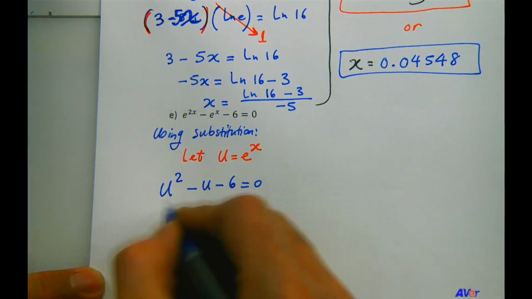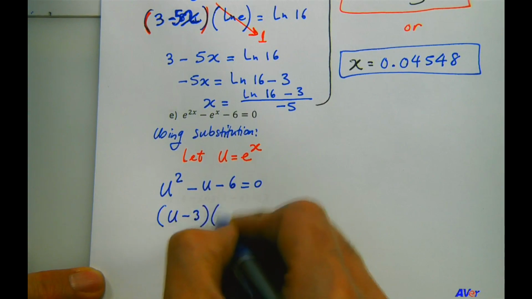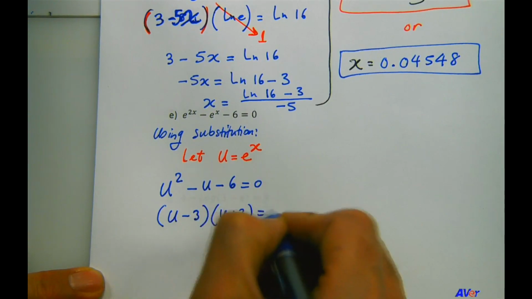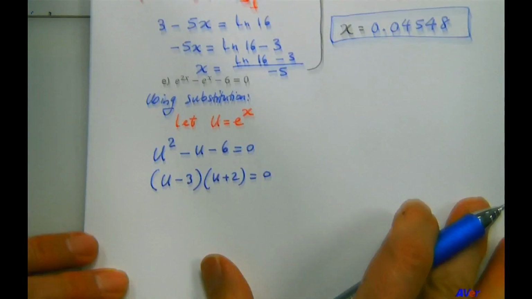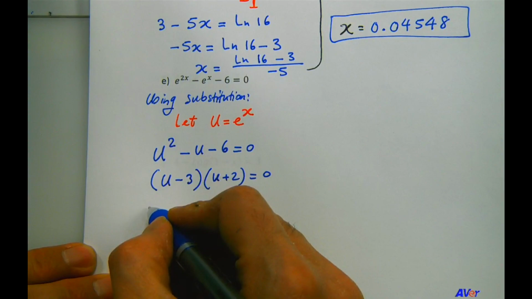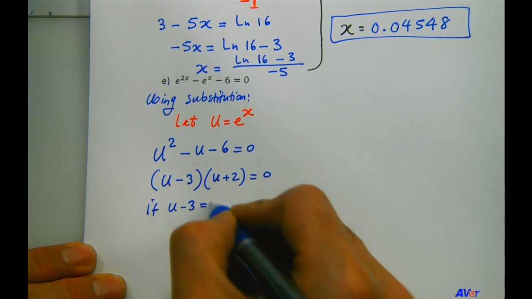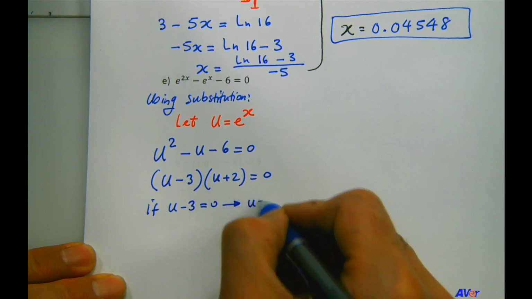We can factor this out very quickly. u minus 3 times u plus 2 equals 0. Now if u minus 3 equals 0, then u equals 3.